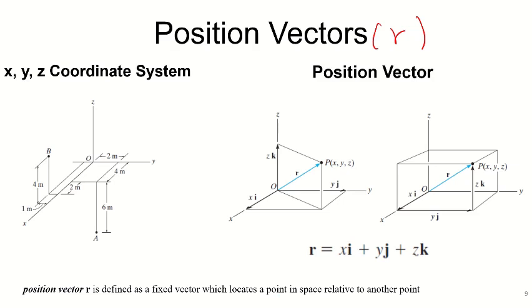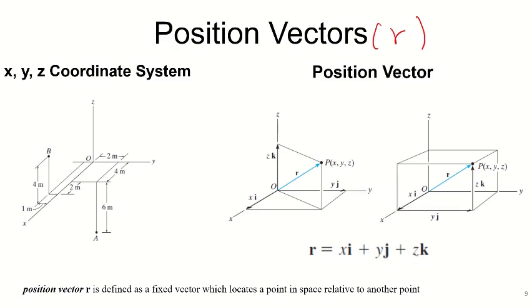So, for example, if r extends from the origin of coordinates O to point P, having coordinates of x, y and z, then r can be expressed in Cartesian vector form as r is equal to x times i plus y times j plus z times k.